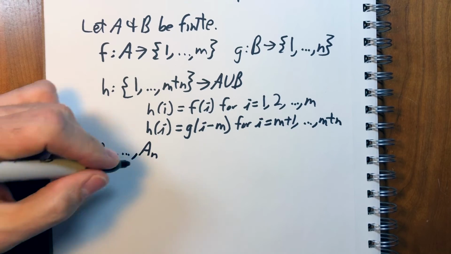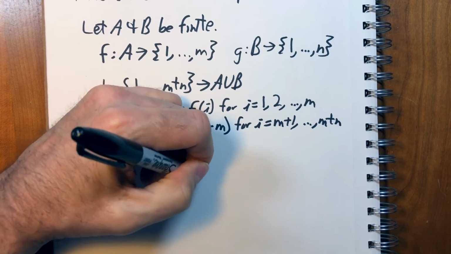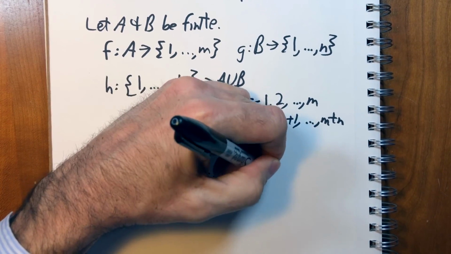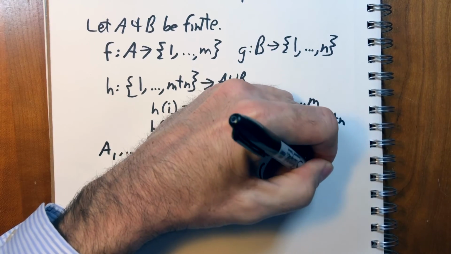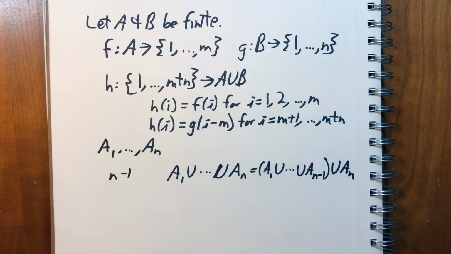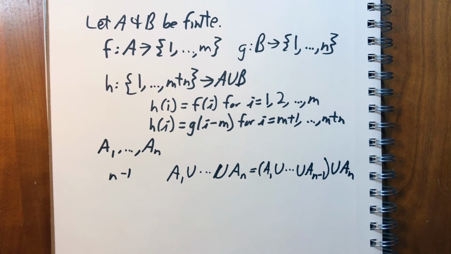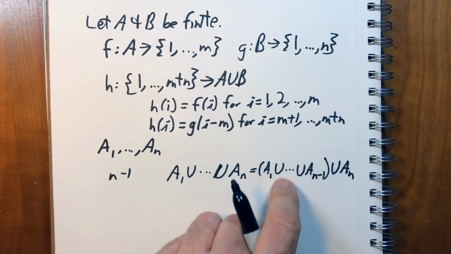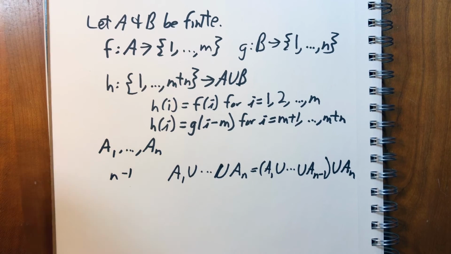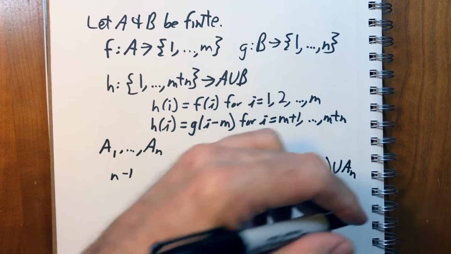So if we assume it's true for n minus 1, first we note that the union of the sets from A1 to An equals the union of all the sets up to n minus 1, union with An, right? And we're starting with the assumption that this is finite, so now we just have the union of two finite sets, this one and this one, which we just showed is finite. So by induction, all finite unions of finite sets are finite.